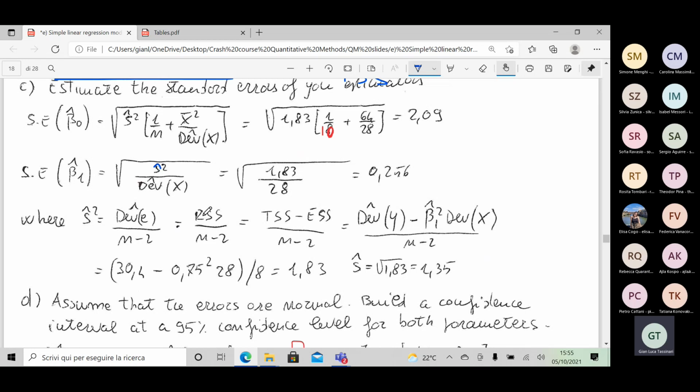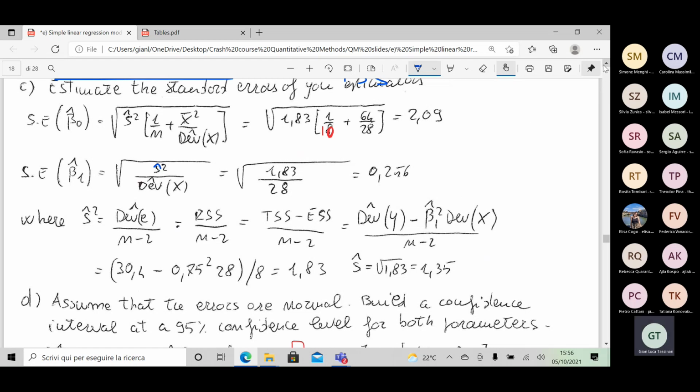Remember that the residual sum of squares, thanks to the decomposition of the deviance, can be computed as the total sum of squares minus the explained sum of squares. The total sum of squares is the deviance of y. We have it. The explained sum of squares is the formula computed above, this one.